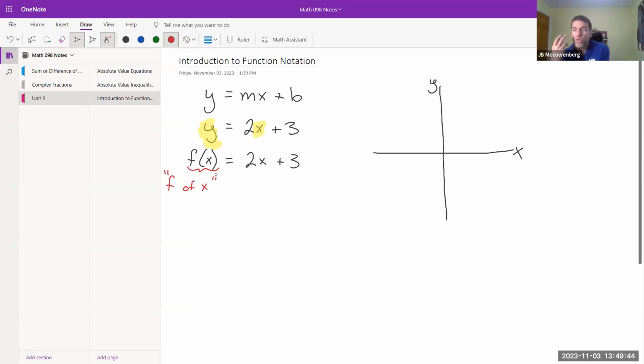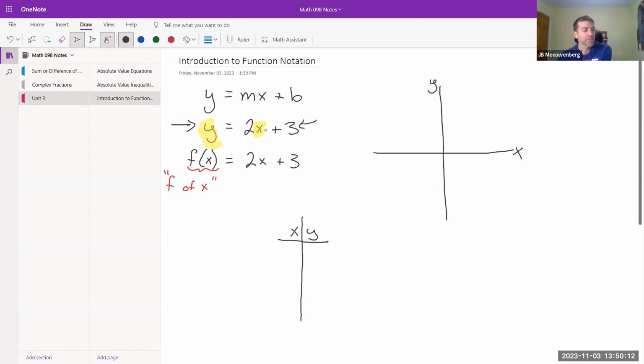And what we want to do is think about it in terms of inputs and outputs. Here's what I mean by that. I'm going to make a little XY table like we've done before, and we're going to focus on this equation that I gave you to start. We used this when we were first introducing graphing linear equations. So give me your favorite number. I think I heard 1.